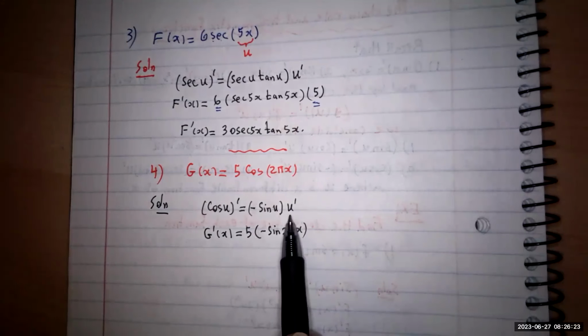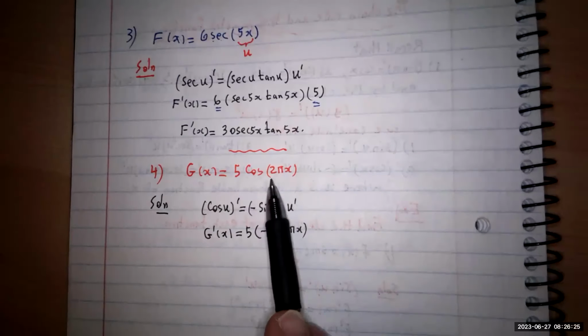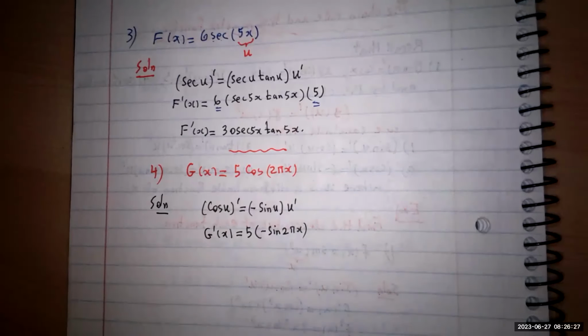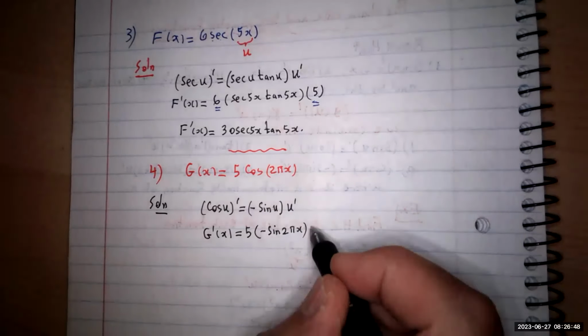Now you have to multiply by u prime, the derivative of the inside, 2 pi x. What is the derivative of 2 pi x? 2 pi. Excellent, 2 pi. Pi is a number, a constant. So the derivative of 2 pi x is 2 pi.